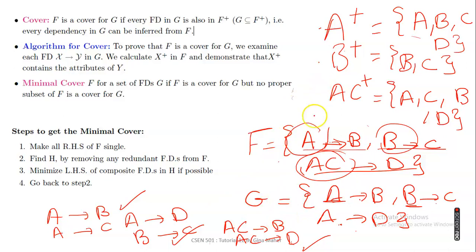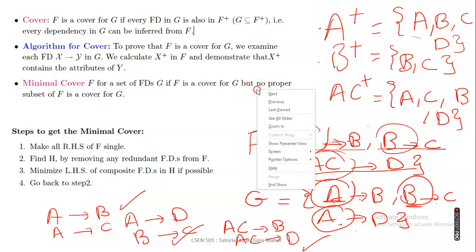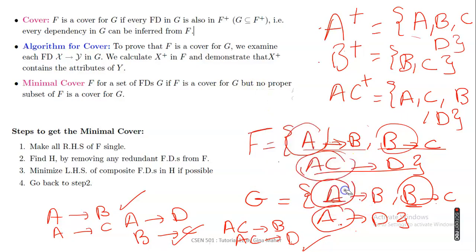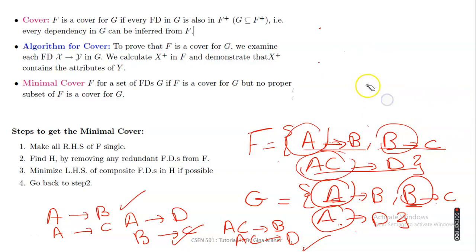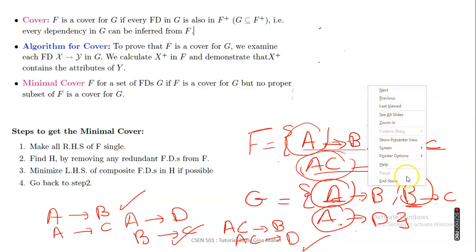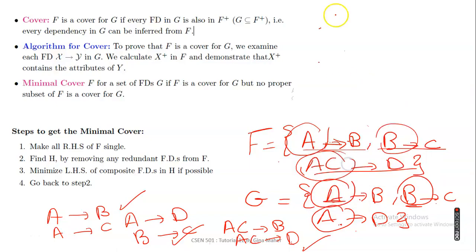Okay, now we are going to make the same thing using F. So we are going to take the left-hand sides, which are A and B. So we are going to get the closure of A and B using F. Closure of A holds A. Now A implies B, so B will be added.